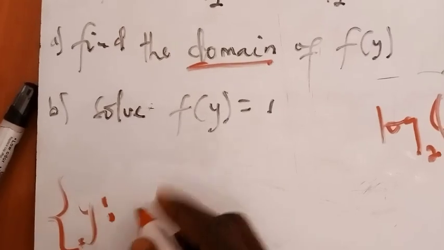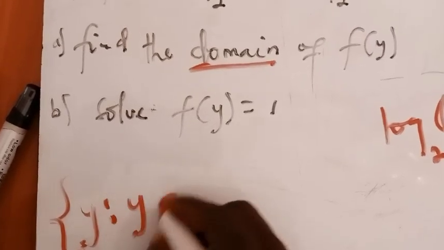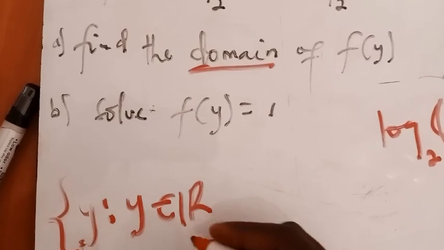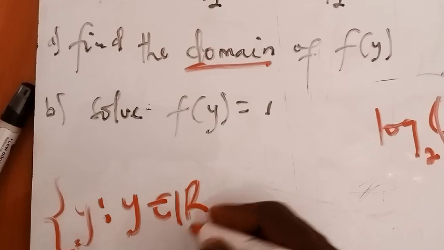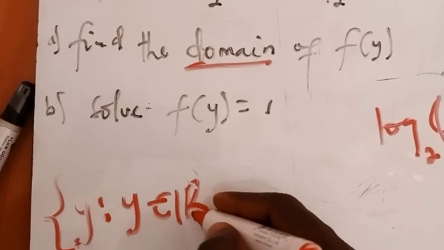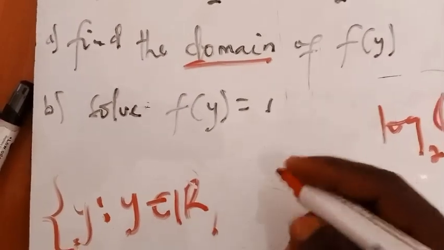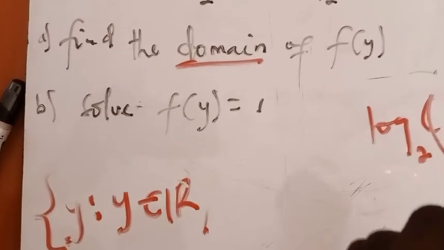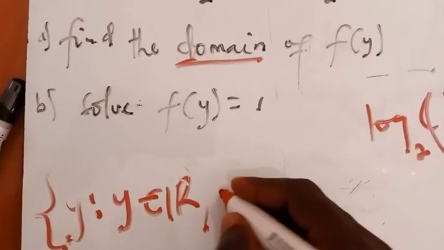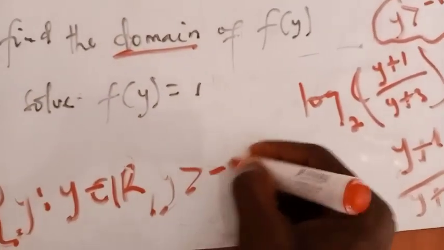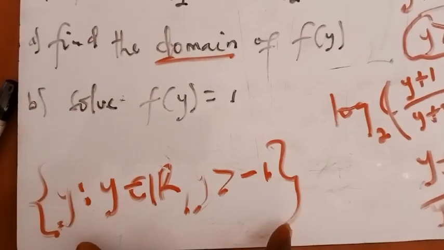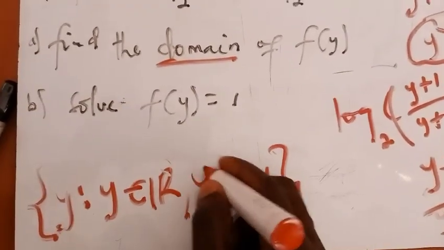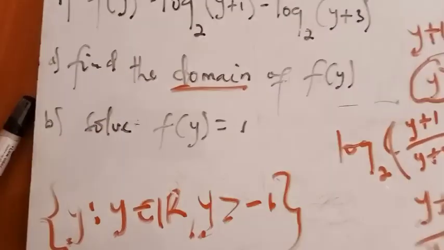Y is not coming from just anywhere. Y is coming from specifically this family, the rationals. Not all the members of the family, we are just looking for people that are greater than negative 1. So y greater than negative 1. Right? So this is how you write the domain for this particular function.